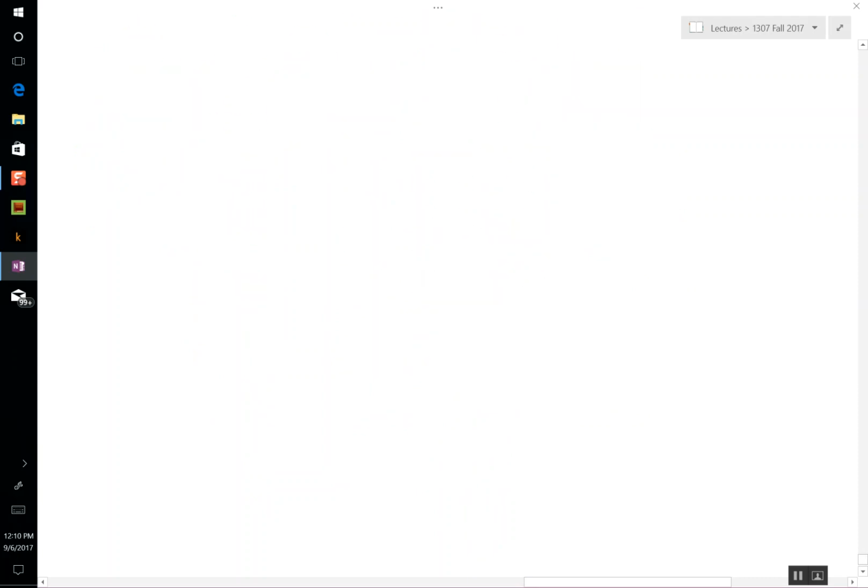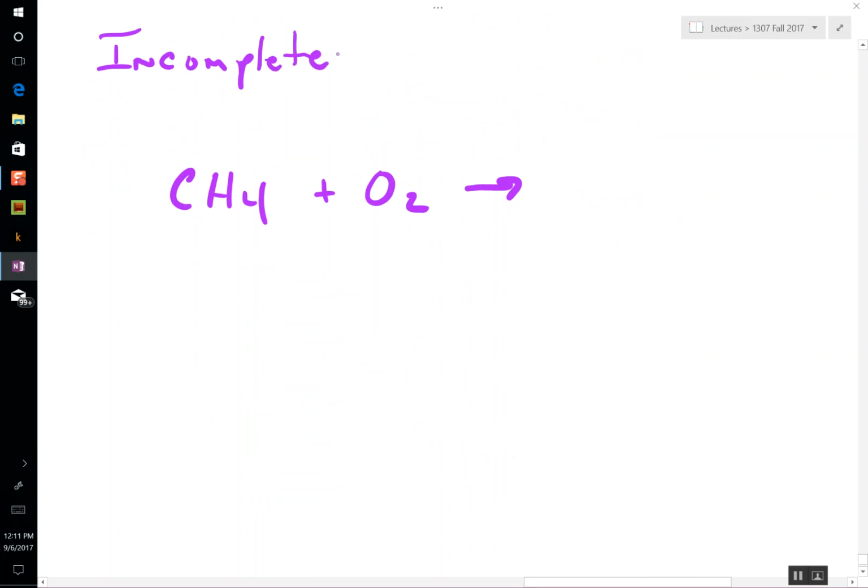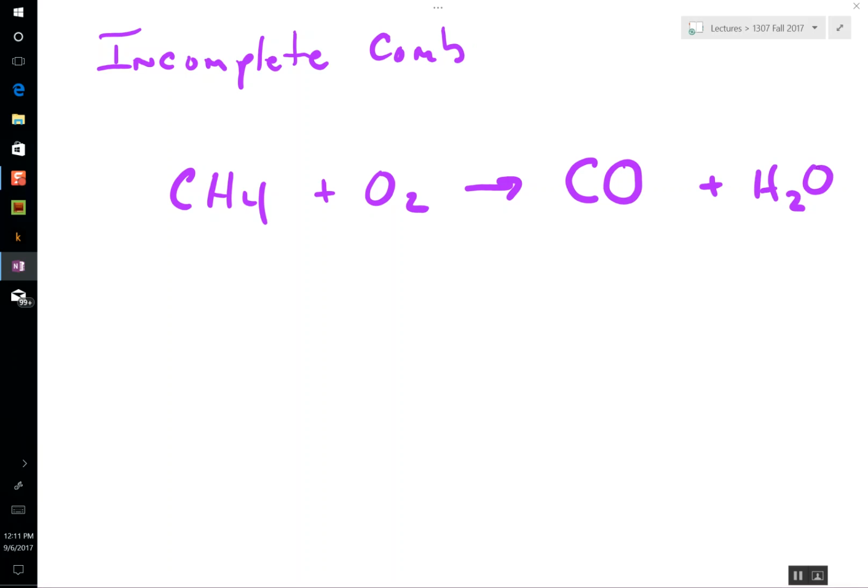I just want you to know what else there is. Just know that incomplete combustion is not a good thing. Incomplete combustion produces carbon monoxide and water. It hasn't completely burned, it hasn't completely oxidized the carbon to carbon dioxide.